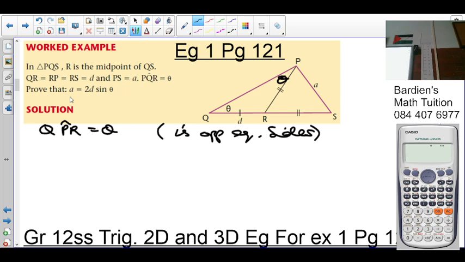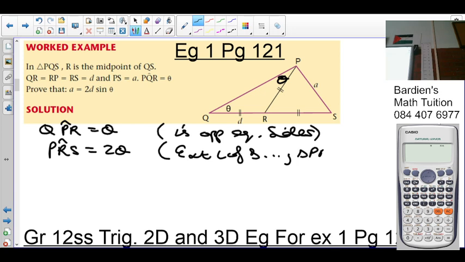So what's the size of that angle? 2 theta. Why is PRS equal to 2 theta? Exterior angle of triangle, not so? So that's going to be exterior angle of triangle, and that is triangle PRS. Okay, so that's 2 theta.